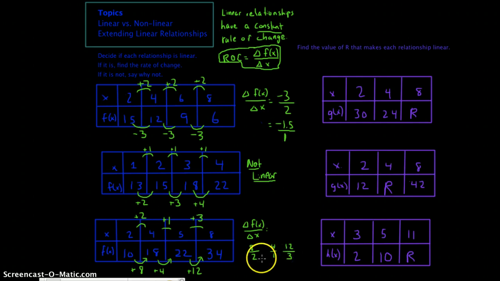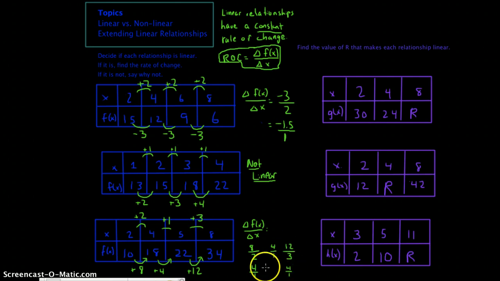Now you may say, wait a sec, these are all different. But if you go up 8 for every 2, that's the same as going up 4 for every 1. If you go up 12 for every 3, that's the same as going 4 for every 1, right? If I do 8 divided by 2, I get 4 over 1. If I get 12 over 3, dividing by 3, I also get 4 over 1.